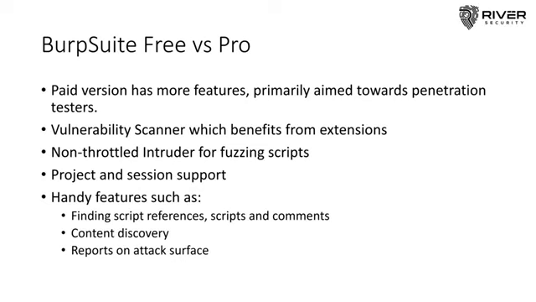Another critical feature that is missing from the free version, unfortunately, is the fuzzer, what we call the intruder. The intruder is a fuzzing tool within Burp Suite, which allows us to replace variables with inputs that we decide. It's kind of like a scripting engine for interacting with web applications.